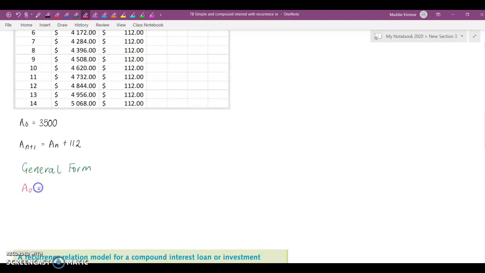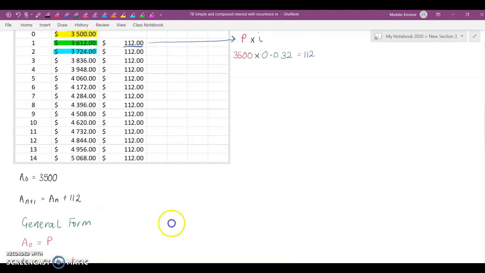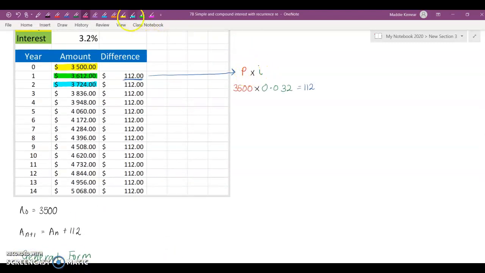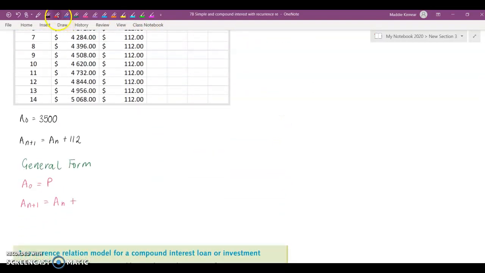So A0 will always equal your principal P. And your relation, your linking of the two from one term to the next, is always going to be equal to A(n) plus, well, the 112 came from working out P times I. So our basic form then is going to be A(n) plus P times I. And that there is our general form for any simple interest problem.